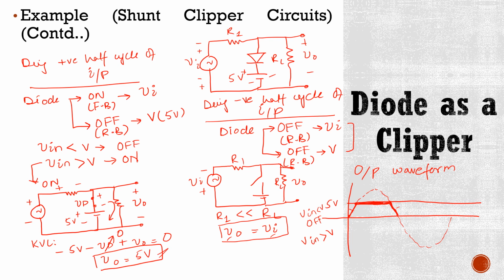Now what would happen during the negative half cycle? During the negative half cycle, V naught is equal to Vi. It means during the negative half cycle, this would be your output waveform. This is minus 10 volts, this is 5 volts. And if we draw this output waveform separately, it looks like this.